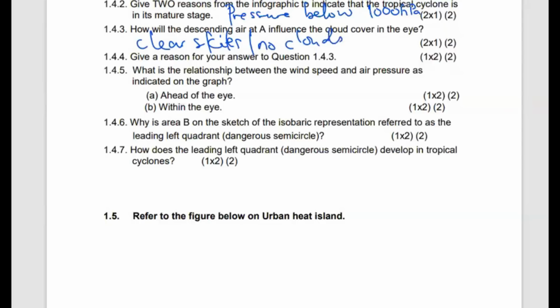Right, number 1.4.4, it says, give a reason for your answer to question 1.4.3. Why are we saying there will be clear skies, there will be no cloud cover?